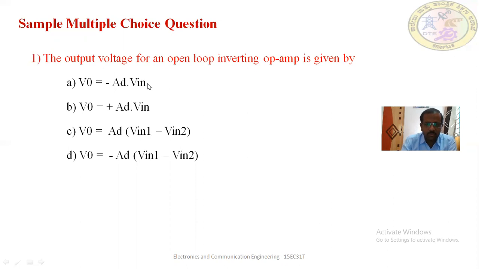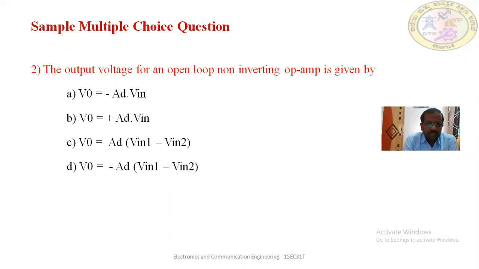If you take one more sample question: the output voltage for an open loop non-inverting op amp is given by, and the options are: option A, V naught is equal to minus AD into V in; option B, V naught is equal to plus AD into V in; option C, V naught is equal to AD into V in minus V in; and option D, V naught is equal to minus AD into V in 1 minus V in 2.